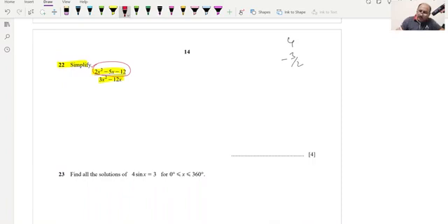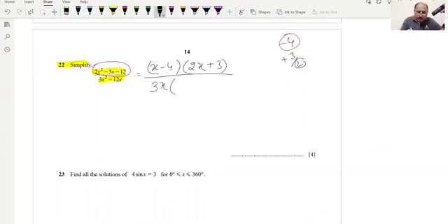So what we will do, we will change sign and utilize these values. When we use 4, we will be writing x minus 4, and for this value we will be writing this denominator with x, 2x plus 3. This will be the factorization, and in the denominator we can take 3x common, so inside will be x minus 4.